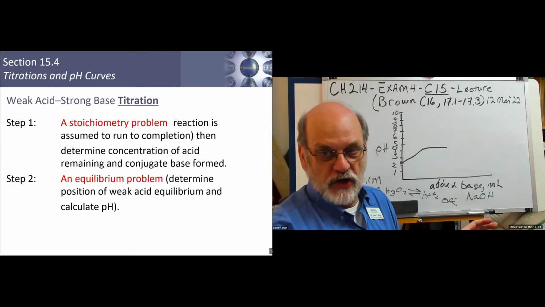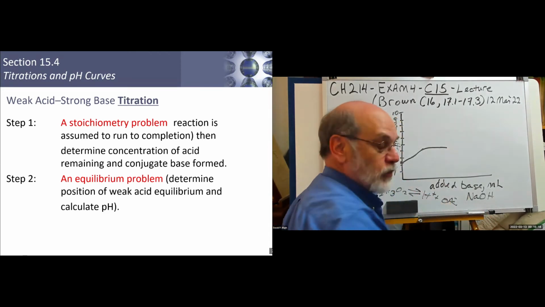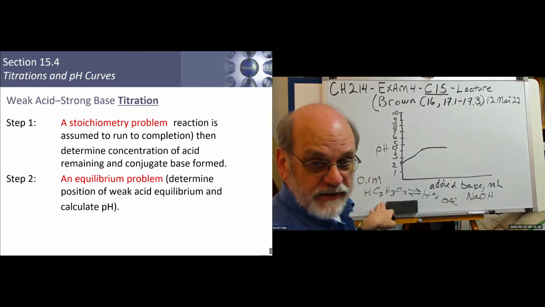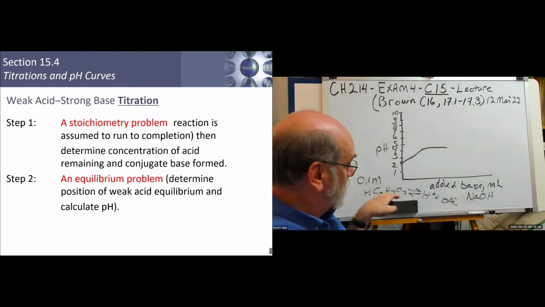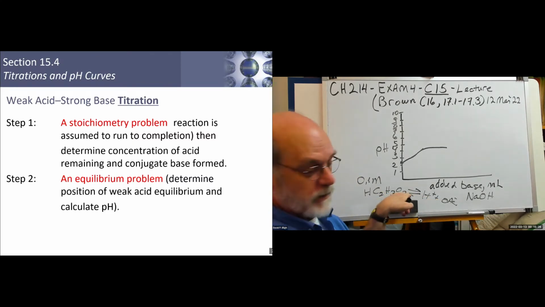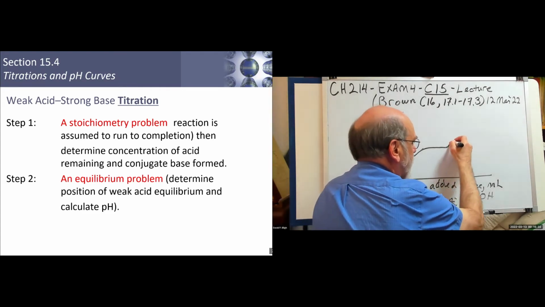That's the buffer zone. And when you're getting close to using up all of this, now you don't have the equilibrium that you established before. And now it kicks up like that.